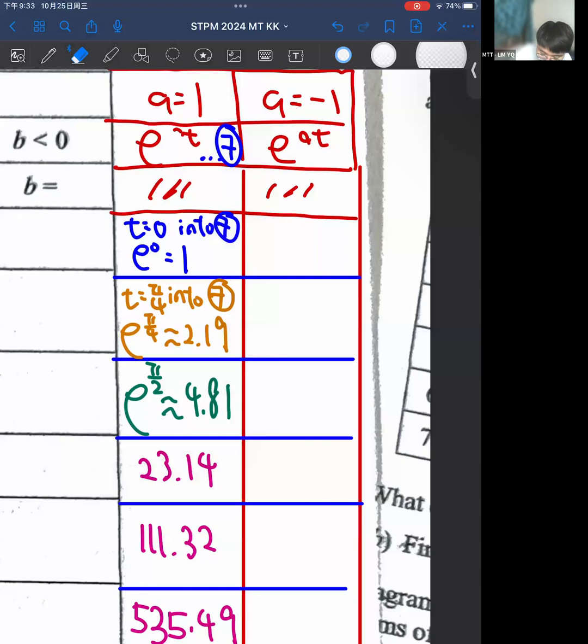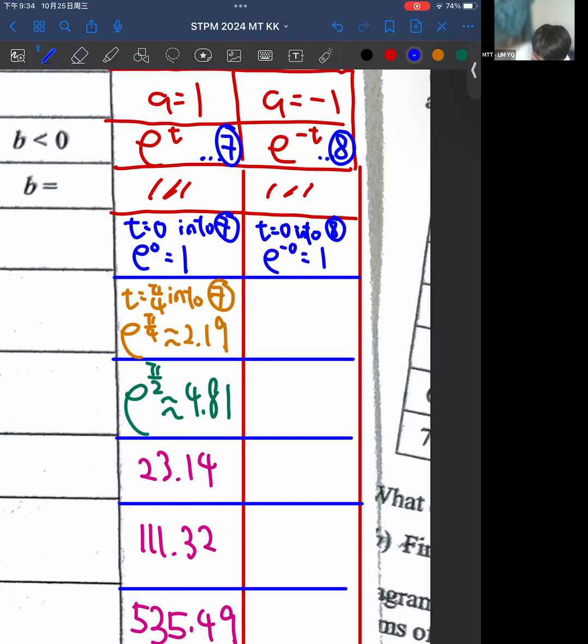Do you understand that? So we substitute t equal to 0 into the e^t function only. And similar for this, when a equal to -1, here becomes e^(-t). So this is your equation 8. For example, you substitute 0 into equation 8, you also get 1. e power -0 also gets 1.